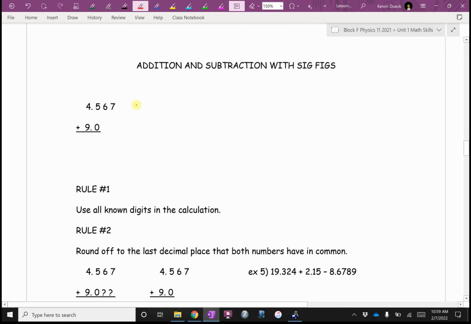Everybody beside that, write a little 3. 9.0, how many decimal places does 9.0 have? What's the smallest number I wrote? I'm going to final answer to 1 decimal place, not sig fig, decimal place.